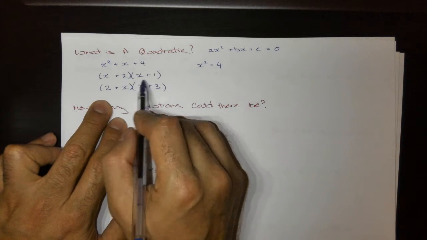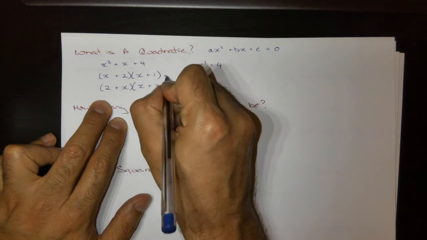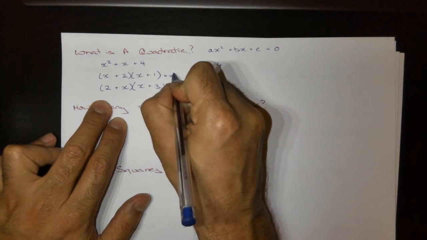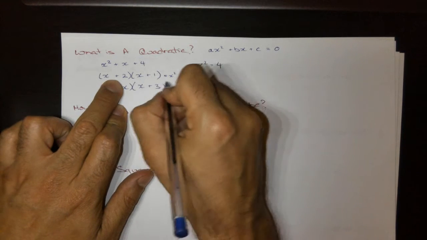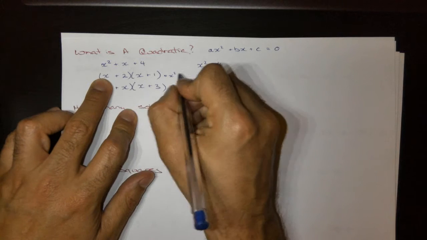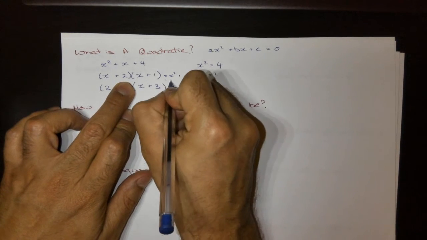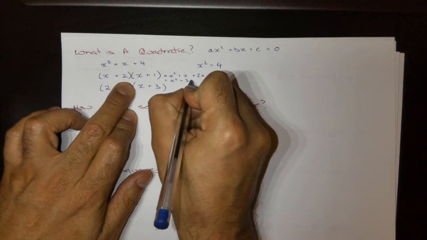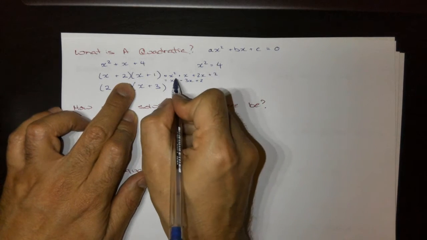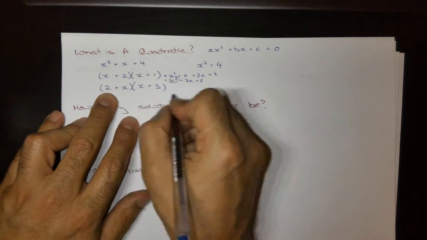These are all quadratics, yeah? If you would expand this out, the highest power of x would be x squared. So it would be x squared plus x plus 2x plus 2, which would be x squared plus 3x plus 2. Yeah, so the highest power is 2, and the same would happen for this.